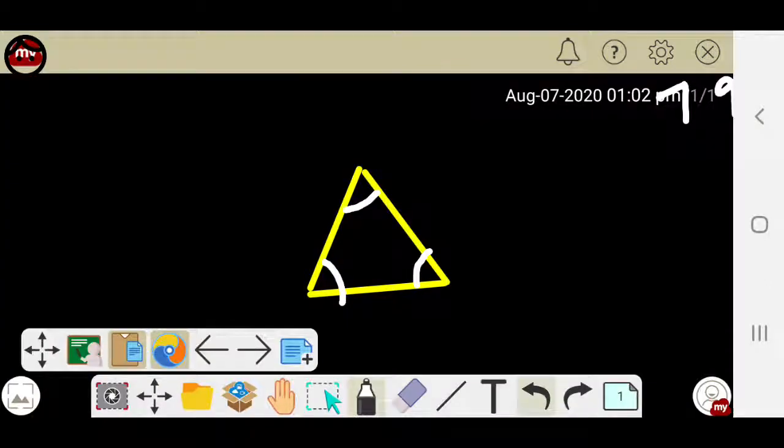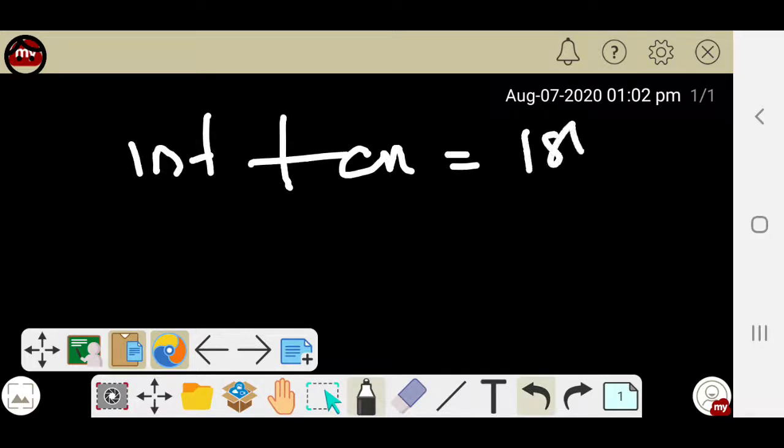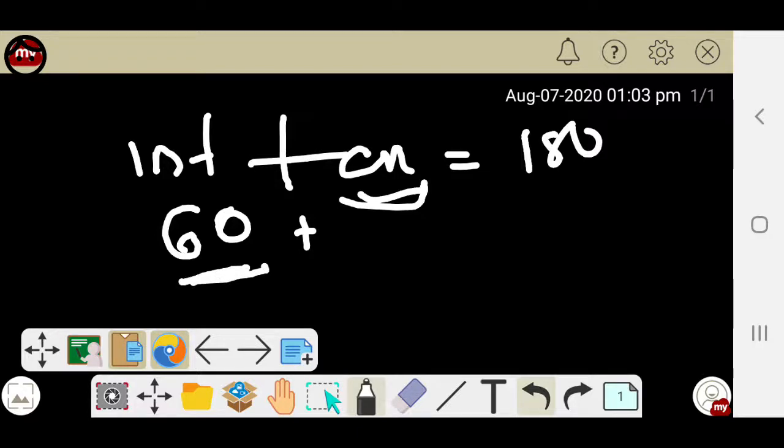You know that interior angle plus exterior angle equals 180. With the minimum interior angle of 60, we will get the maximum exterior angle. When the interior angle increases, the exterior angle decreases. So minimum 60 means the maximum will be 120.